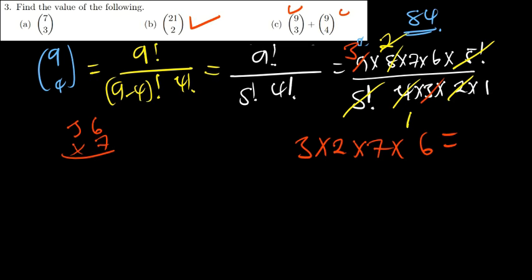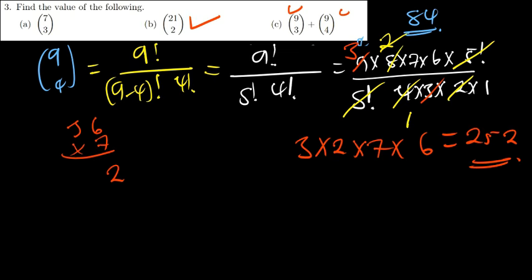Oh wait, so that should be 256 or 252, because these two I'm going to get 42, so it will be 2 carry 2, 21, 21 plus 2, yes, carry 3 anyway, so it's going to be 252, not 256.